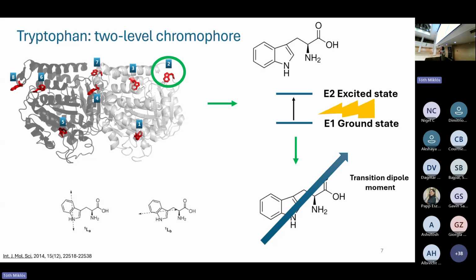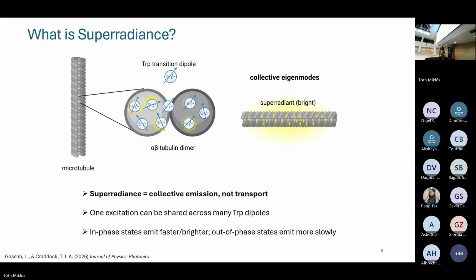There are a lot you may imagine for every molecule, but the two most important ones for us are 1LA and 1LB. And in this talk, all the tryptophan are in the 1LA transition. So now let's say all the tryptophan are just an arrow and a position in this model.